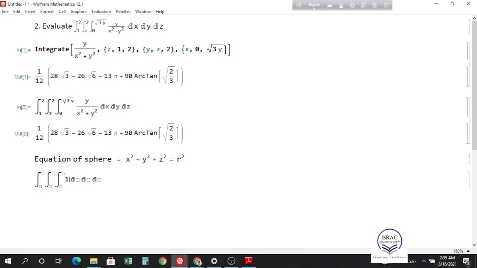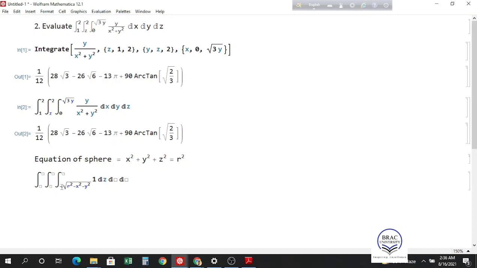So write 1. So z goes from negative square root of r squared minus x squared minus y squared, to positive.